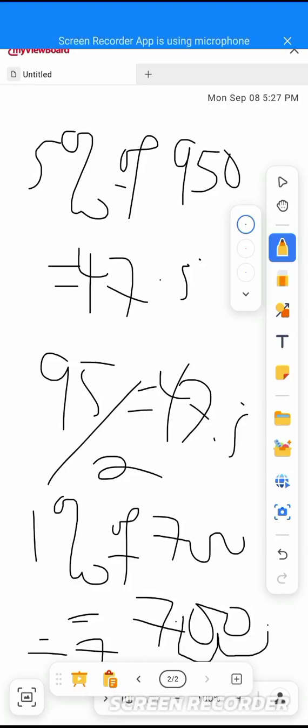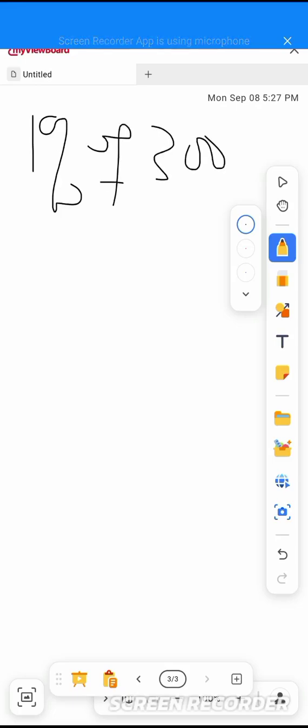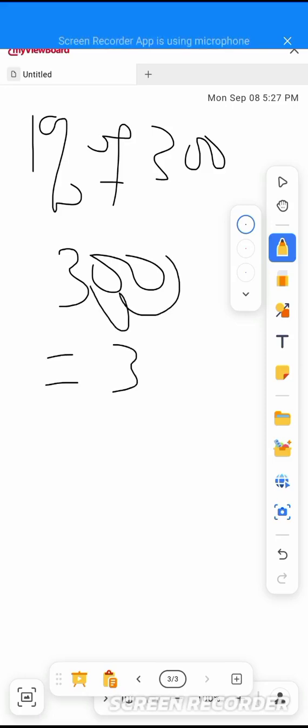You may also be asked to find 1% of 300. So what is 1% of 300? Just take this 300 and move 2 decimal places to the left. 1, 2. So my answer is what? 3. So 1% of 300 is 3, and that goes on and on like that.